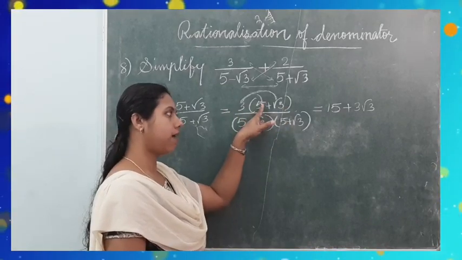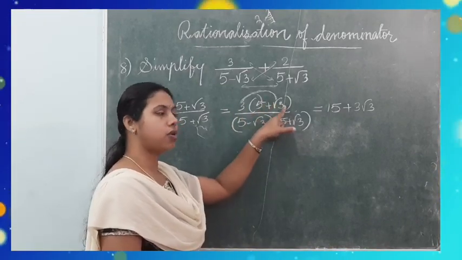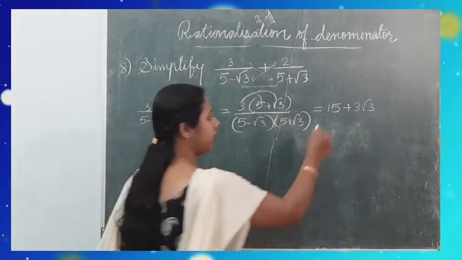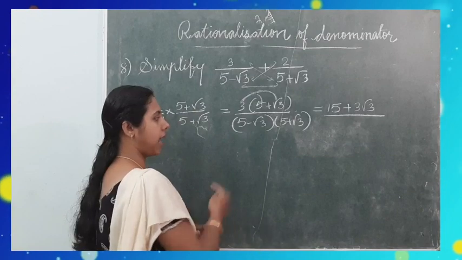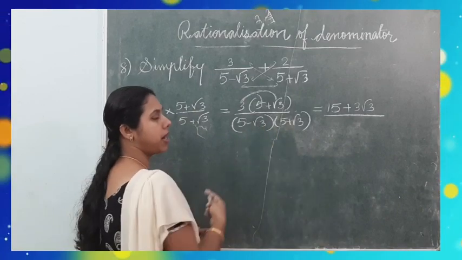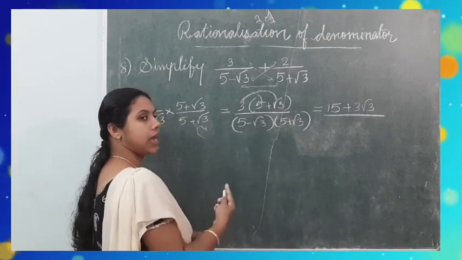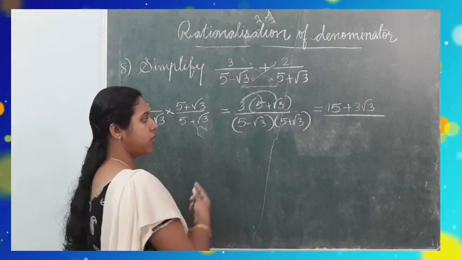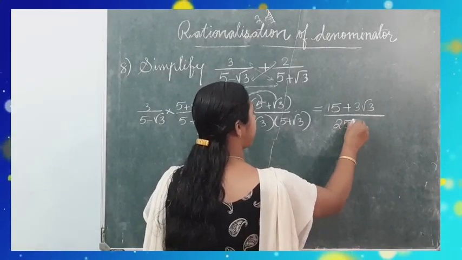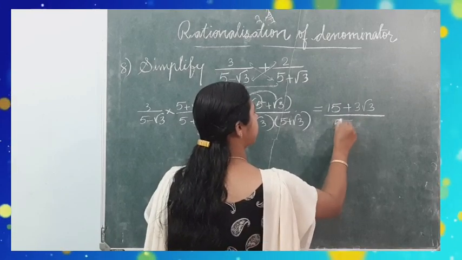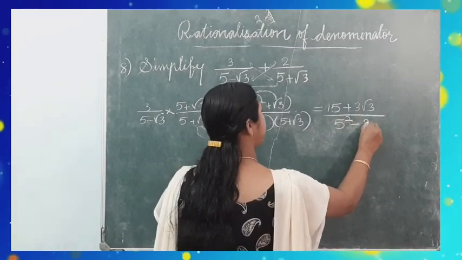3 into 5 plus 3 into root 3, divided by 5 minus root 3 into 5 plus root 3. Using the identity a plus root b into a minus root b is equal to a square minus b, so 5 square minus 3, that is 25 minus 3.